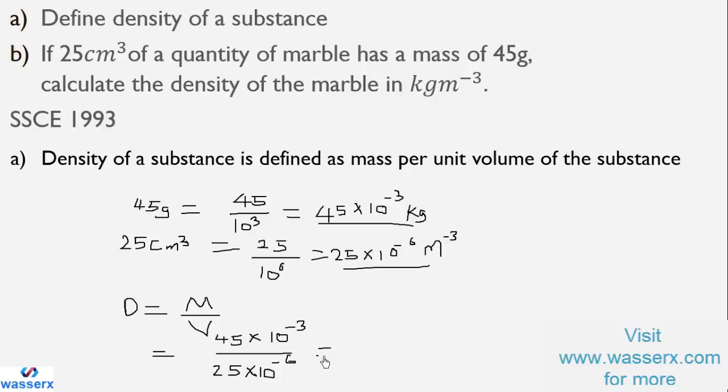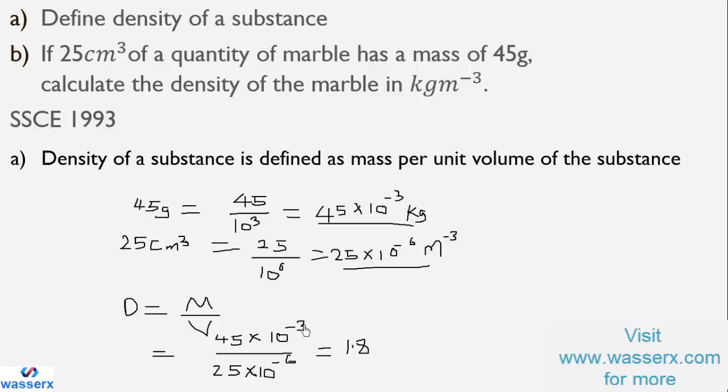So we simplify this. 45 over 25 gives us 1.8. And 10 exponent negative 3 divided by 10 exponent negative 6.